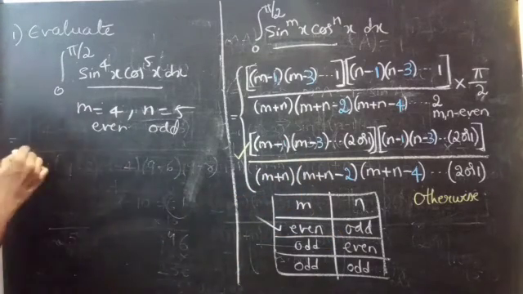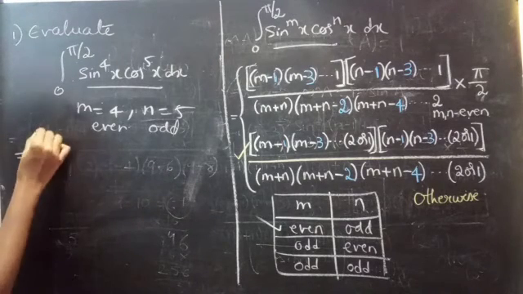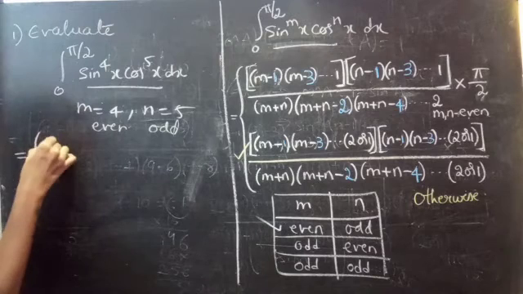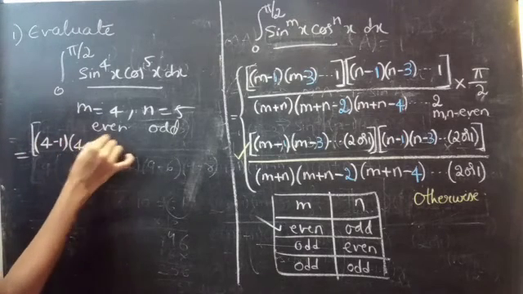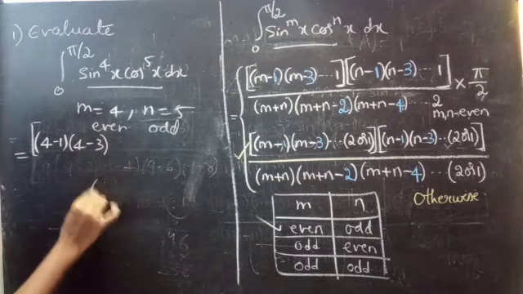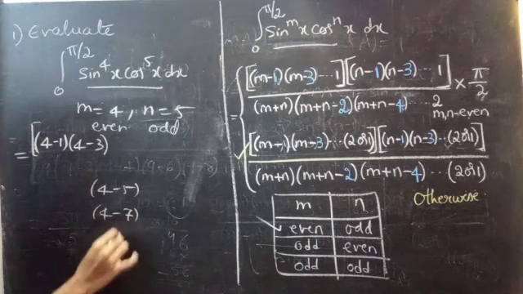The second formula is equal to, for m, that is 4: 4 minus 1 into 4 minus 3. Next you'll get 4 minus 5, 4 minus 7 and so on.